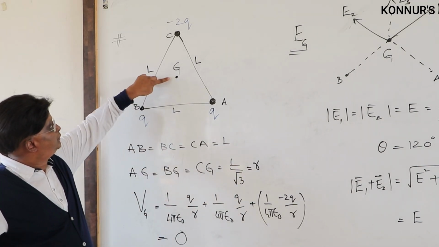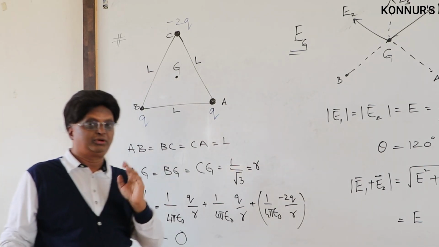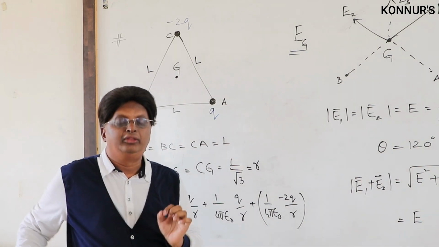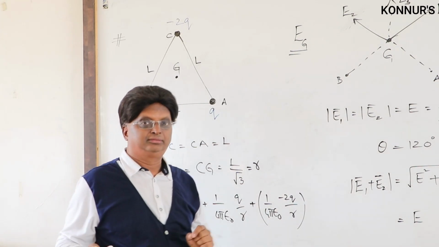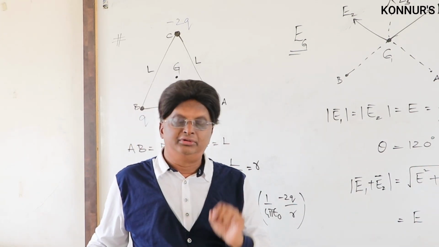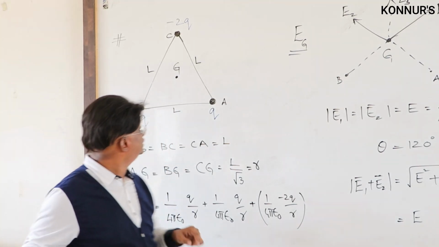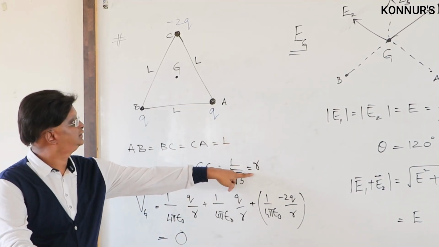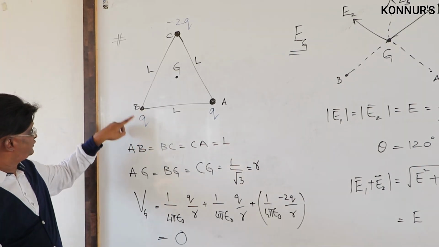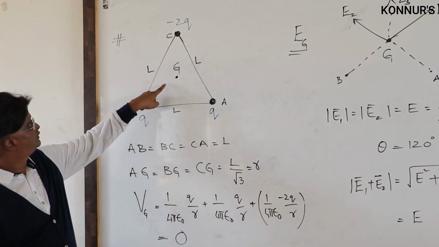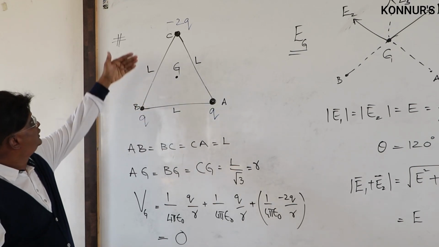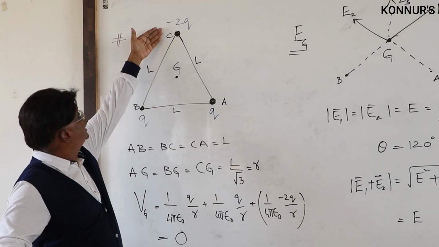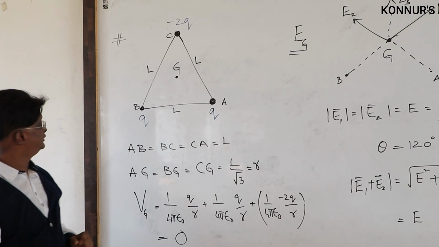Now let us write the potential at G. Remember, potential is a scalar quantity, the net potential at a point is the algebraic sum of individual potentials. Now potential at G is due to this charge Q at a distance r, also the charge at B, another Q, distance the same r, and again here you have another charge, I have taken minus 2Q, right?